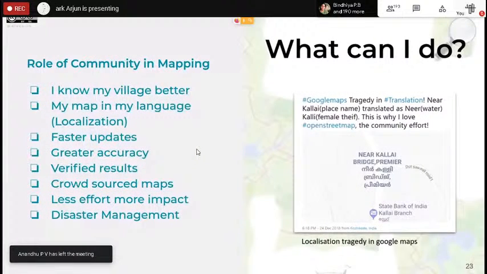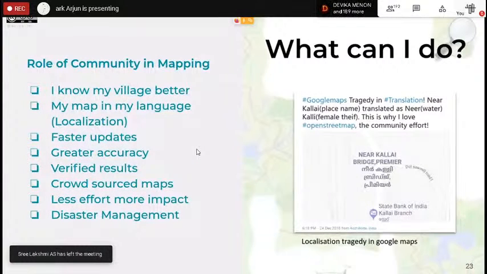So, the role of community in mapping. What can I do as a community, or as an individual? On the right side you can see a screenshot of Google Maps where it is written in English as Near Kallai Bridge, which is the exact name of the place.